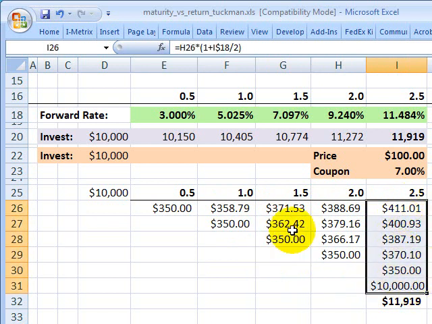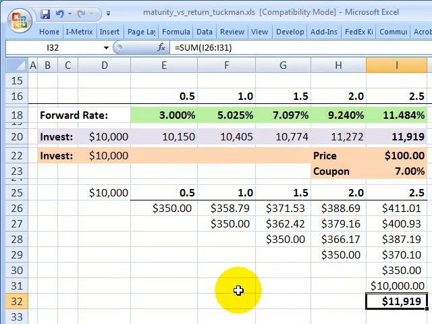And so this investor who purchased the long-term bond has a future value of a set of cash flows, one for each coupon that gets reinvested, and finally the return of the principal. And if we add all those up, this investor in the long-term bond, you'll notice, will have a future value of $11,919, which is the same as the short-term investor who rolled over at these implied forward rates. And so that is not by coincidence.